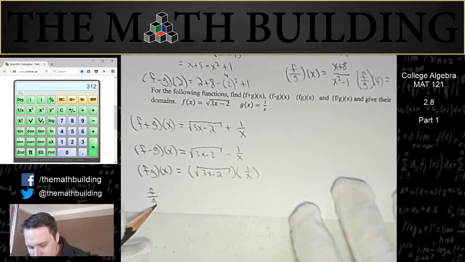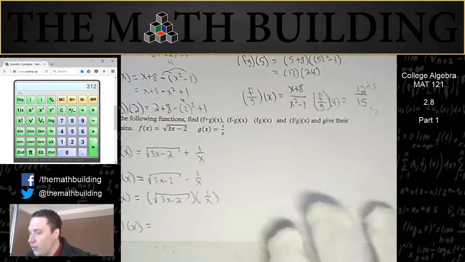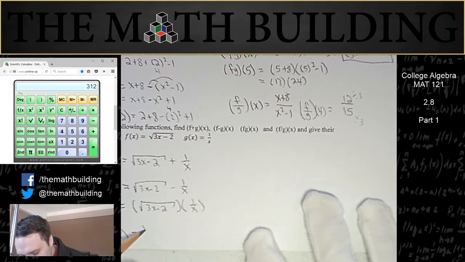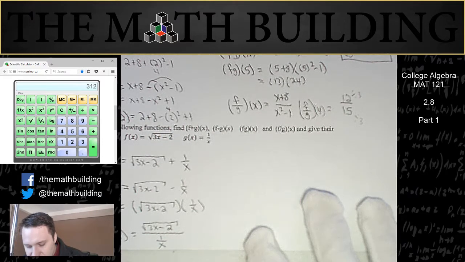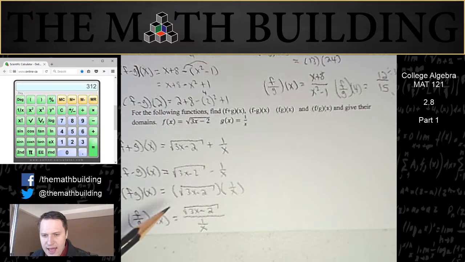Finally, f over g. This one's a little tricky. That's going to equal the square root of 3x minus 2. Make sure you put f on top, divided by 1 over x. And remember, when you're dividing by a fraction, you can do copy dot flip.